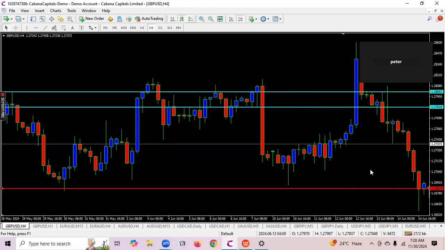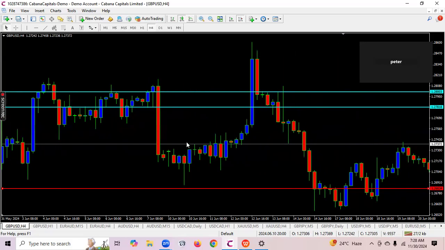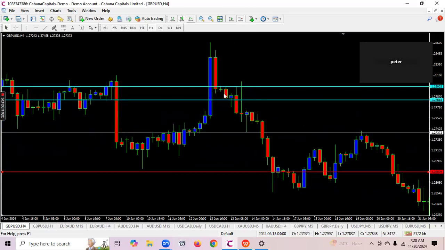Then I might consider taking the trade. Just as you can see what happened here, price came back to this area, even went above it, then came back. So I would have considered selling after this candlestick closed because it closed below the opening of this candle.